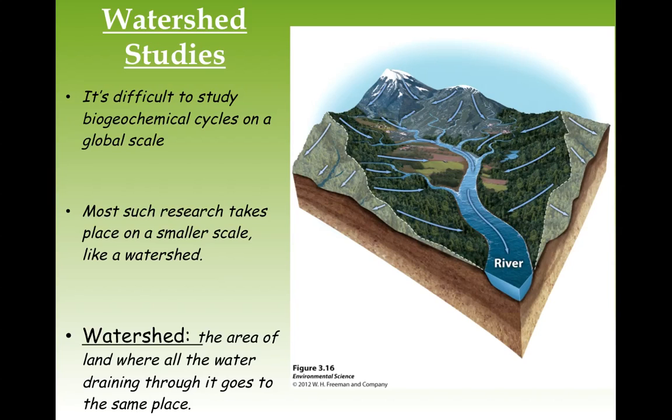So you can see from this picture here that this side of the valley and this side of the valley and then this side of these mountains here are all part of the same watershed, because the water that falls on this land all goes to the same water source, the river here.